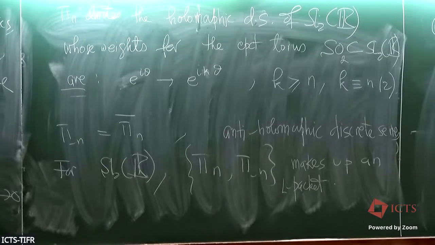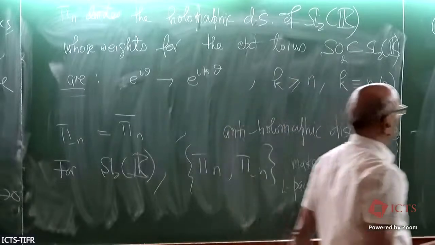Okay. So I want to use this case to do the first case, so to say, of GGP. What is the associated parameter? The parameter as a representation of the Weil group is roughly, you know, the Weil group for R I did not define.